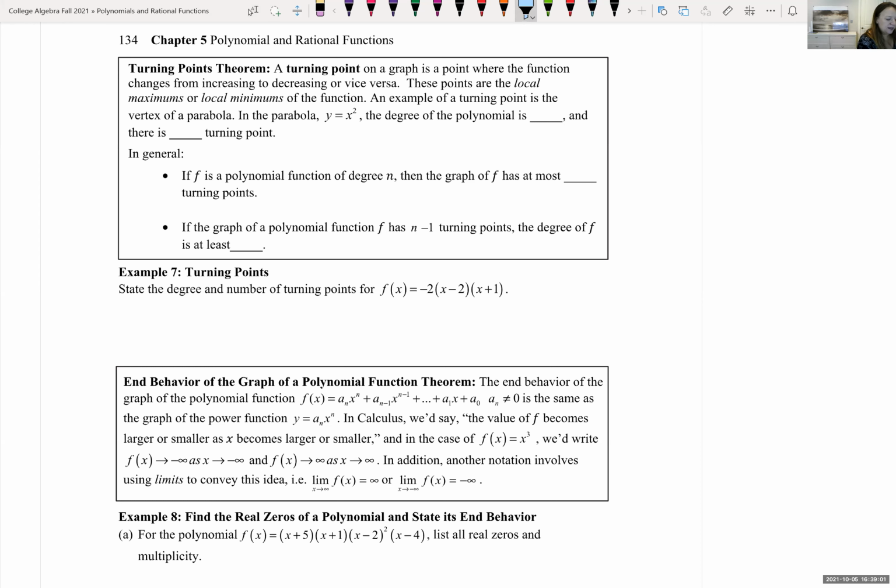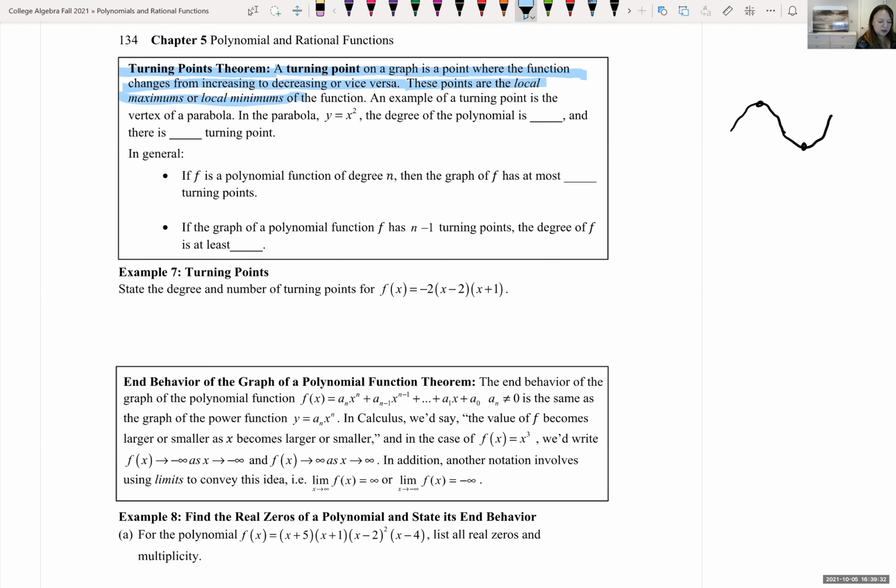Turning point theorem: a turning point on a graph is a point where the function changes from increasing to decreasing or vice versa. So increasing to decreasing, like a max, or from decreasing to increasing. These are turning points on our graph. These points are local maximums or local minimums of our function. And we talked about that before and finding those by looking at a graph.